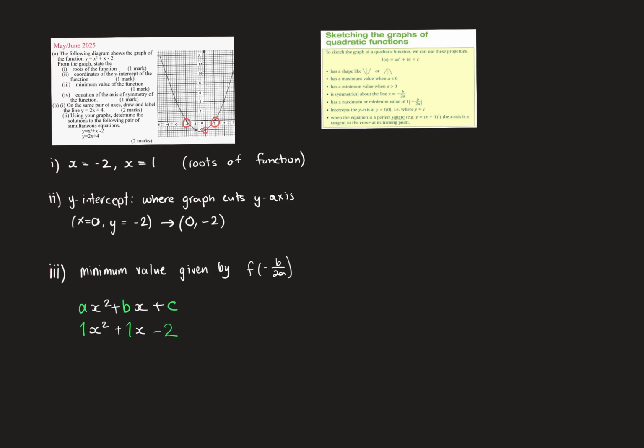So we substitute these values. We're going to find f of minus, and b is 1, over 2, and a is also 1. So we're finding the value of minus half.